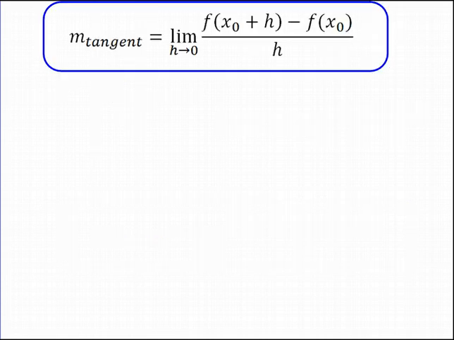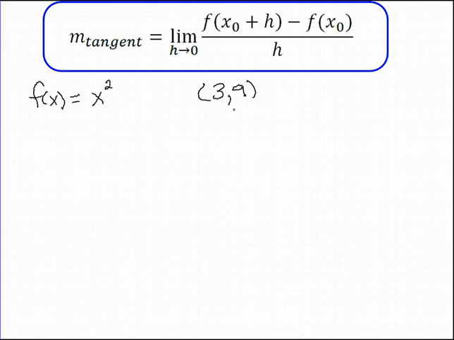And what this allows us to do is, let's say hypothetically we have a function f of x equals x squared. And I want to know, at the point 3, 9, which by the way is on the function f of x equals x squared because 3 squared is 9, what is the slope of the tangent line at that point?